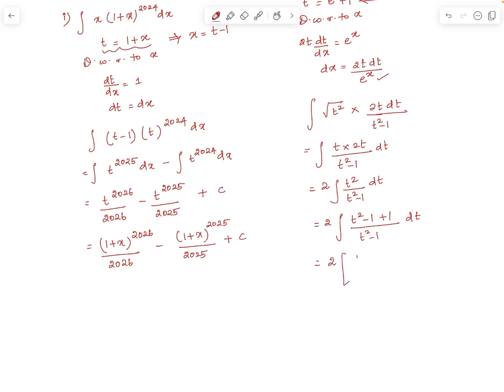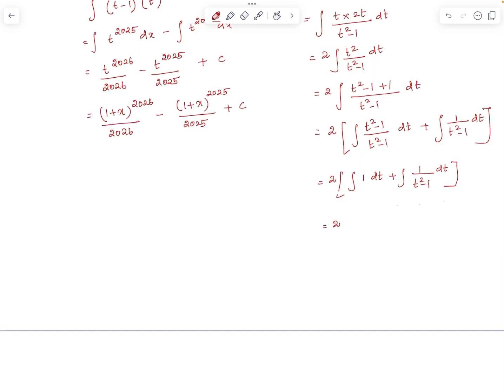which is 2 times integral of t square minus 1 by t square minus 1 dt plus 1 upon t square minus 1 dt, which is 2 times integral 1 dt plus integral 1 upon t square minus 1 dt.